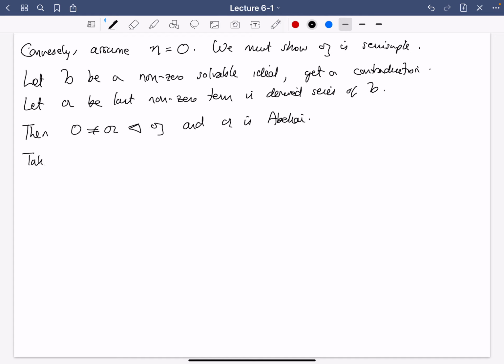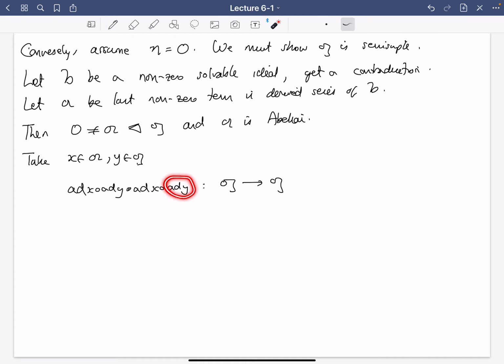Now I'm going to take some x in this A and y in G, and I'm going to consider ad x, ad y, ad x, ad y. So where does that go? That goes from G to G. That's the ad y, and then I'm taking the bracket with x in A, but A is an ideal.